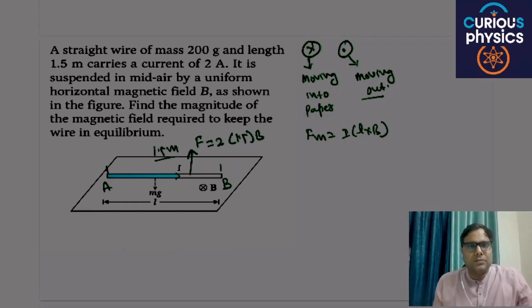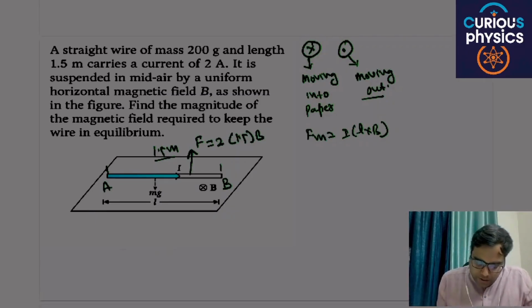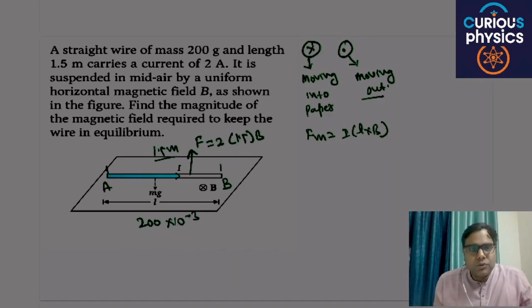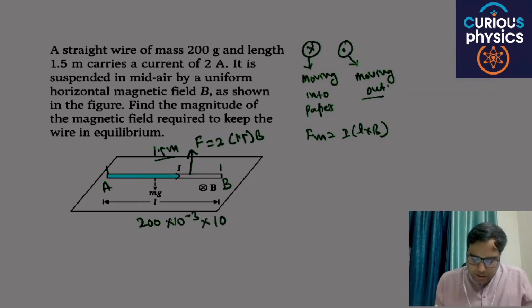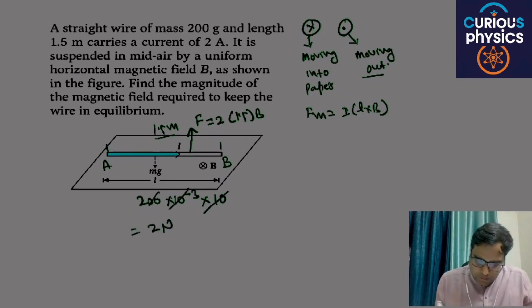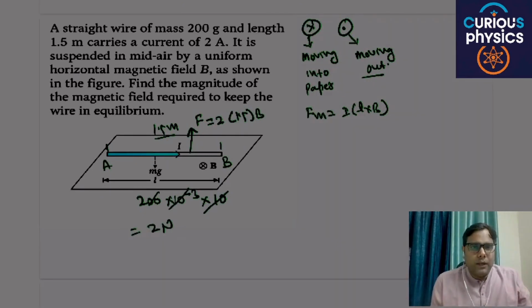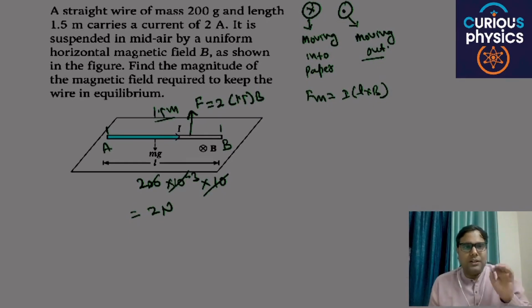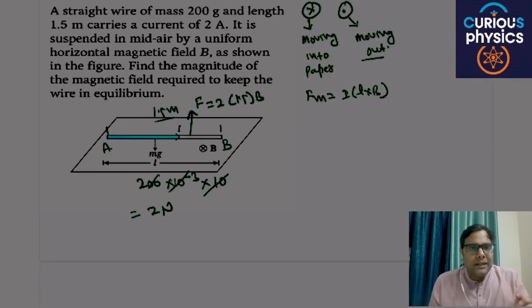Sin 90 means 1. The total weight is M into G. M is 200 into 10 raised to power minus 3, which means you have to convert gram into kg, and you can take G as 10. So it will come out to be 2 Newton. If this rod is in equilibrium, then the upward force is equal to the downward force.